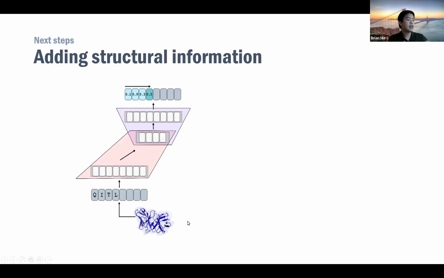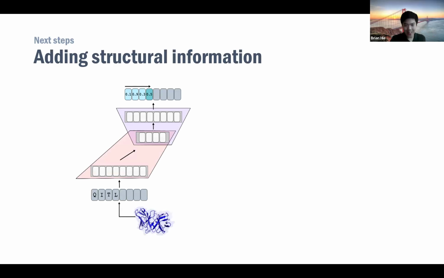We use a class of language models called autoregressive language models, which are different from masked language models. The way an autoregressive model works is it does what's called next token or next amino acid prediction. Given the first amino acid, the model will predict the second amino acid in the sequence. Given the first 2 amino acids, the model will predict the third amino acid.